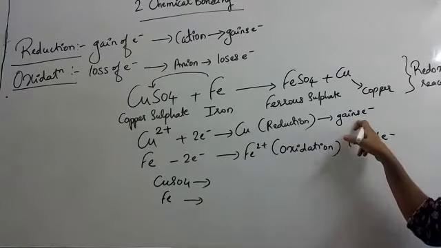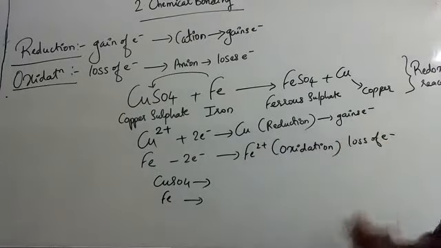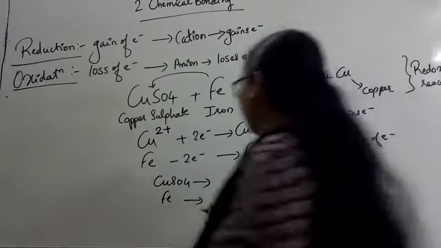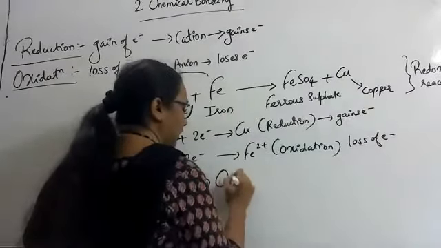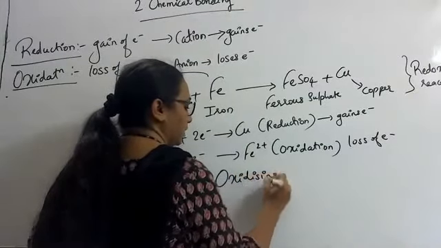Last time we saw what an oxidizing agent is. Oxidizing agents are electron acceptors. So here, copper sulfate is acting as an oxidizing agent. Why?